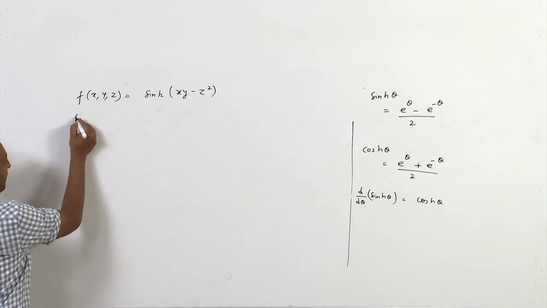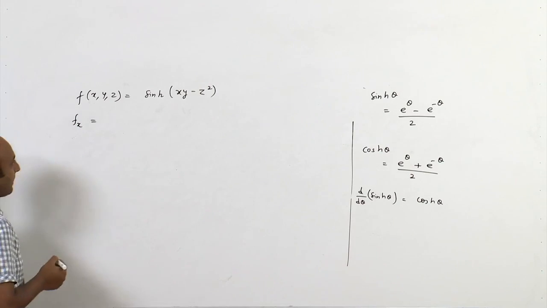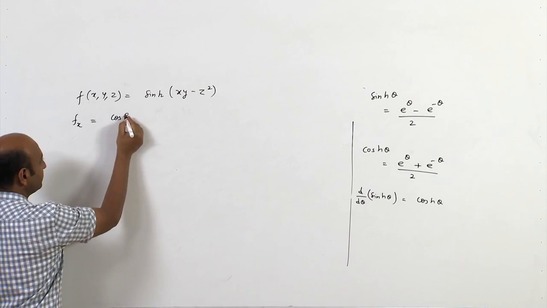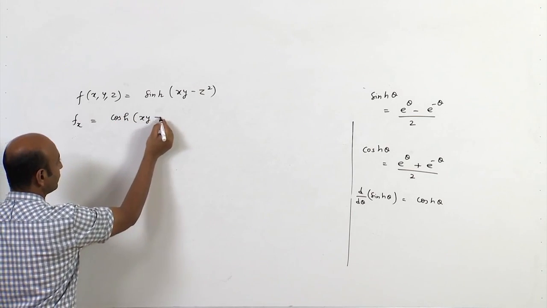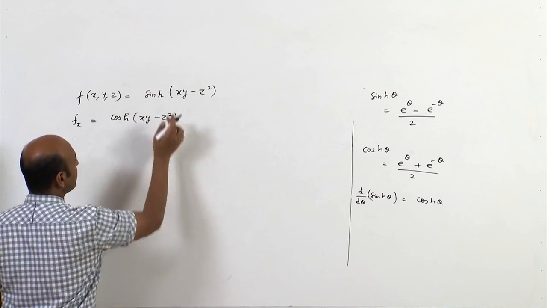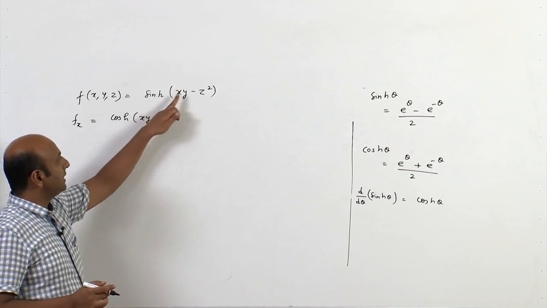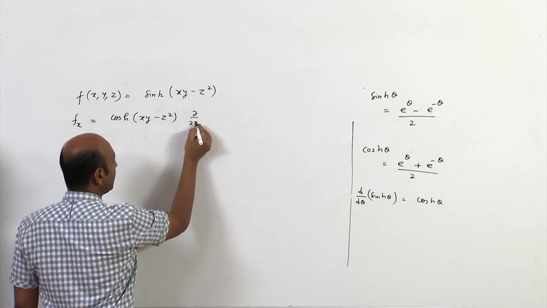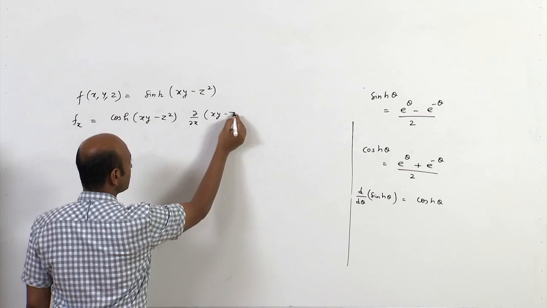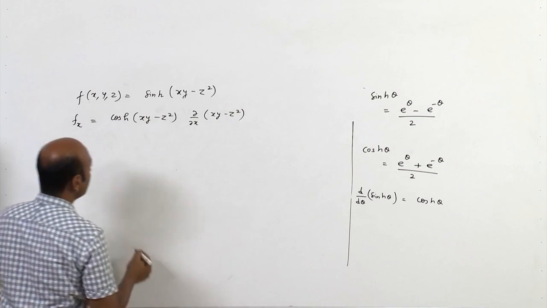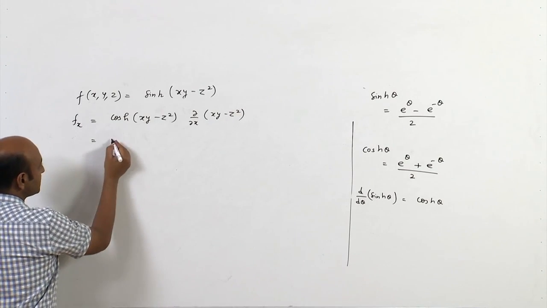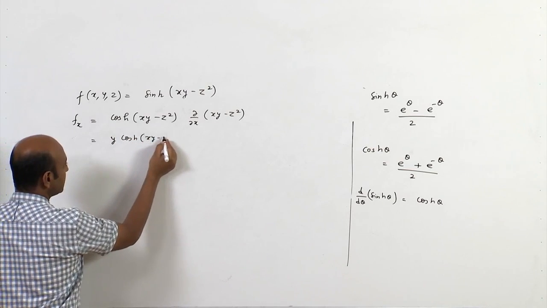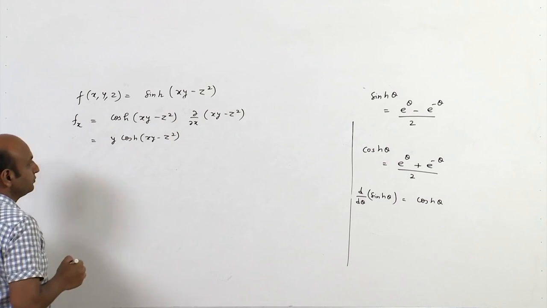So, if we take f_x, which is del f upon del x, the derivative of sine hyperbolic theta is cos hyperbolic theta, and del by del x of theta, which is xy minus z square, is y. So it is y into cos hyperbolic of xy minus z square. Okay.